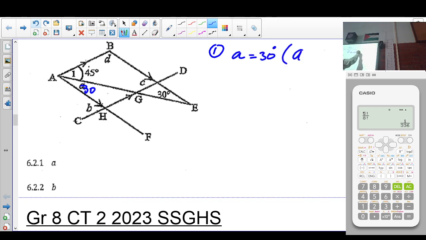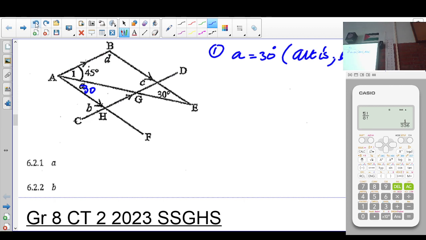Why? Alternate angles with BE being parallel to AF. You can't say any other set of parallel lines. Yes, AB is parallel to DC, but you're not getting the alternate angles from there.